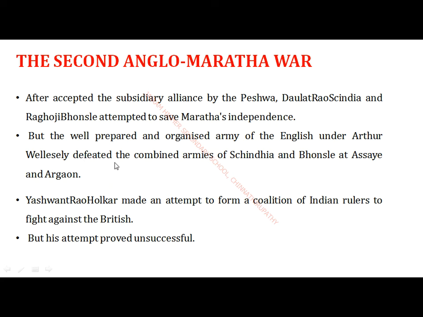He decided to defeat the combined army, meaning whom here? One is Daulat Rao Scindia, another is Bhosle, at their own region, at the places known as Assaye and Argaon, which are situated in the state of Maharashtra.